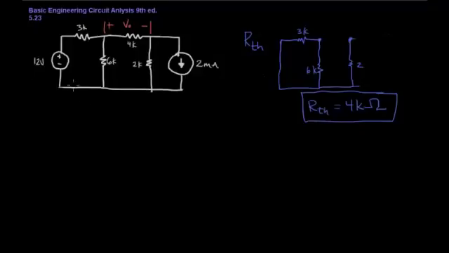The next thing that we'll do is we'll look at the individual sources alone. So we'll remove all other sources from the circuit and then look at the voltage that is provided across this open circuit by a single source. Let's start with the voltage source. So I'll draw the voltage source in, and I'll draw the circuit with the other source removed.